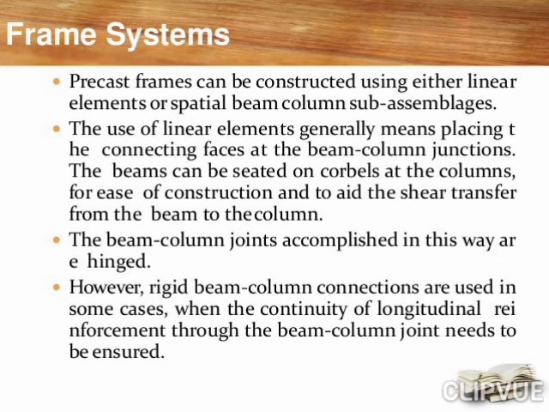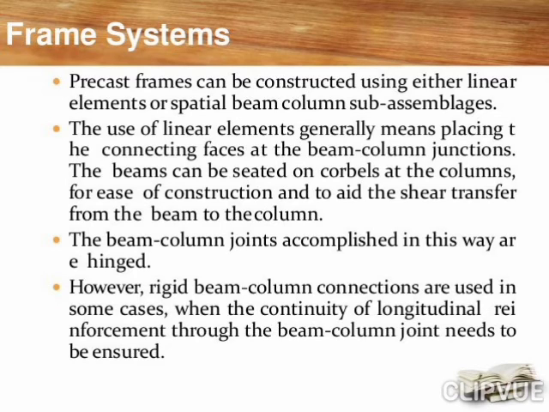Frame systems. Precast frames can be constructed using either linear elements or spatial beam column sub-assemblages. The use of linear elements generally means placing the connecting faces at the beam column junctions.